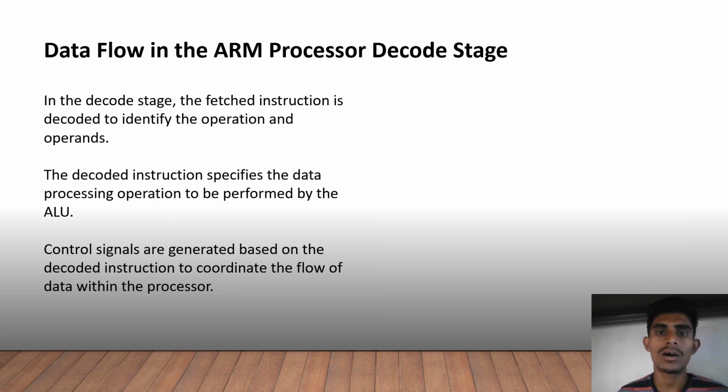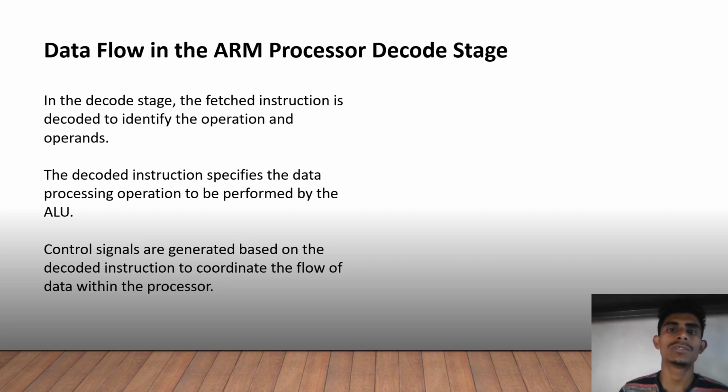The data flow in the ARM processor decode stage. In the decode stage, the fetched instruction is decoded to identify the operation and operands, and the decoded instruction specifies the data processing operation to be performed by the ALU.